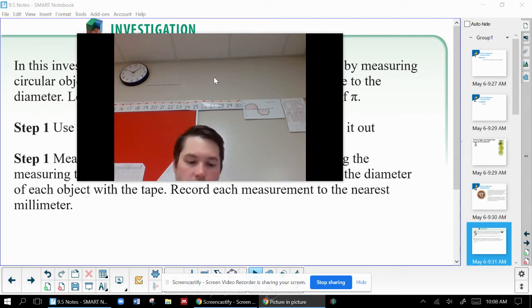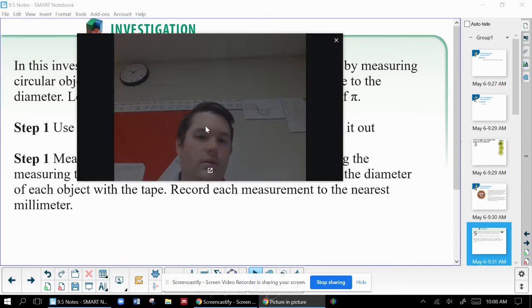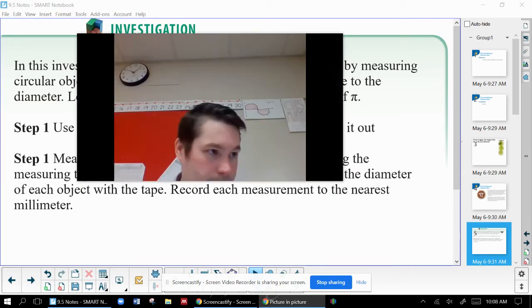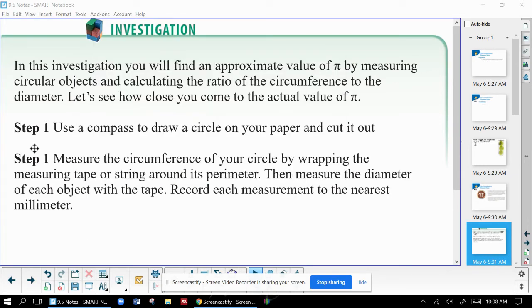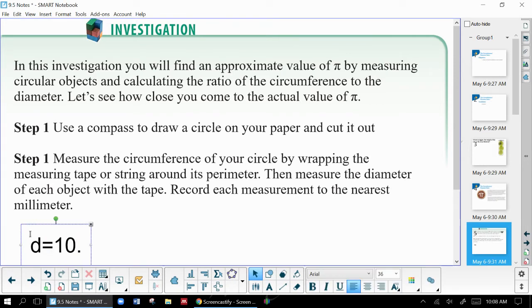When I measure across the circle, at the biggest point, so through the center, I get right about 10.5 centimeters for the diameter. And my circumference is 33.1 centimeters.